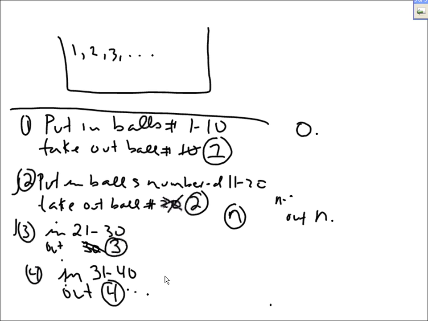You put in ball number n minus 9 through n, and you take out ball number n. How do I know n minus 9? Because this is 30, and that's 9 less. This is 40, that's 9 less. Whatever number I end in, I start 9 before.